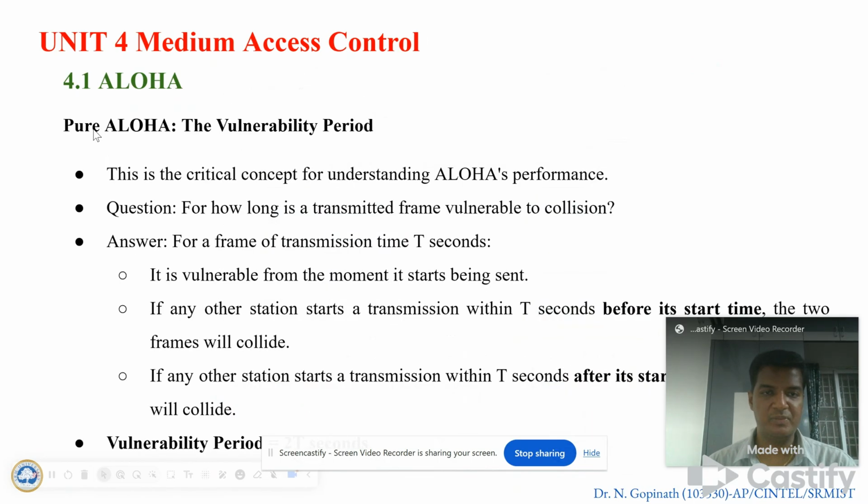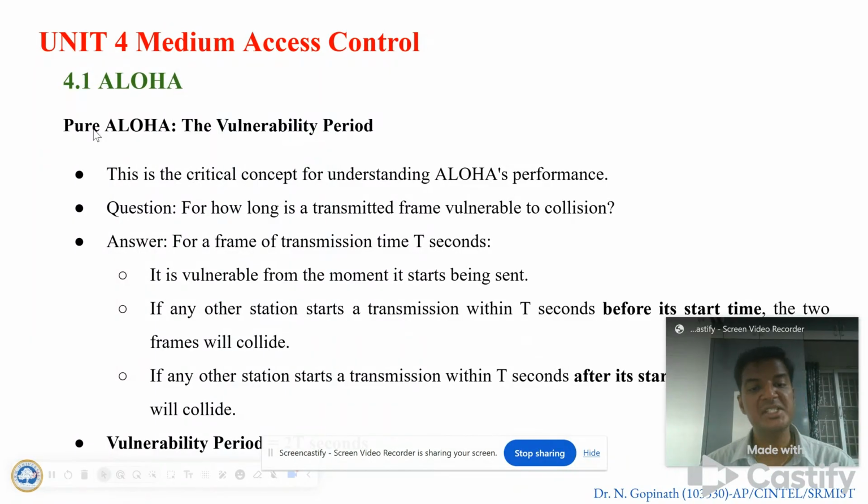Pure Aloha, the vulnerability period. This is a critical concept for understanding Aloha's performance. Here the question is, for how long is a transmitted frame vulnerable to collision? For a frame of transmission time t seconds, it is vulnerable from the moment it starts being sent.